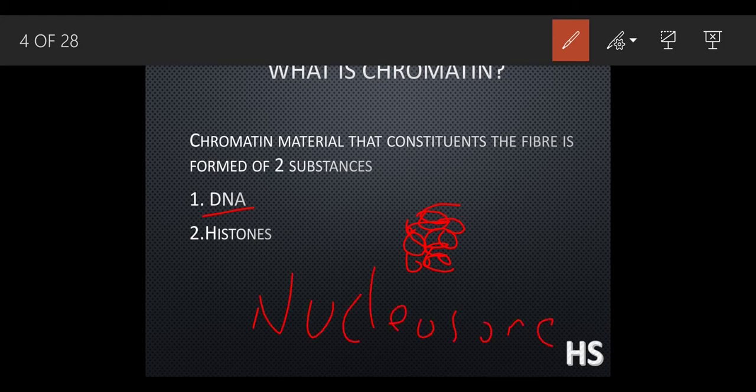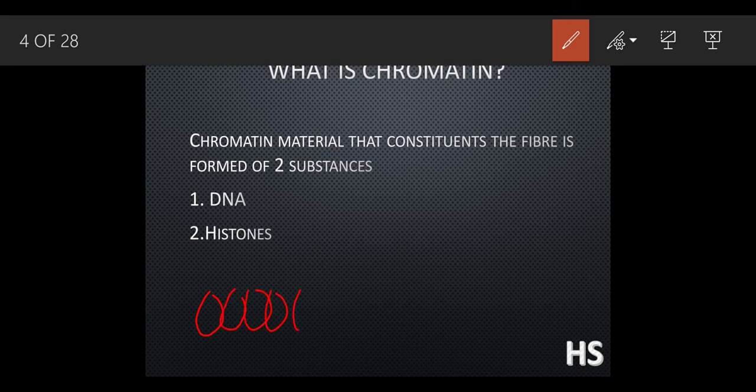There are about 1,000,000 nucleosomes in our body. This thread looks like a chain like structure, which is nothing but the chromatin form. This is the way chromatin is formed with the help of DNA and histone proteins, and this single unit is called the nucleosome.